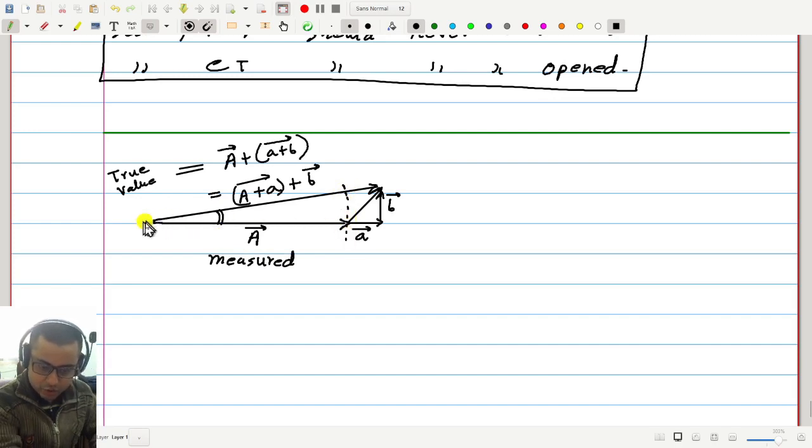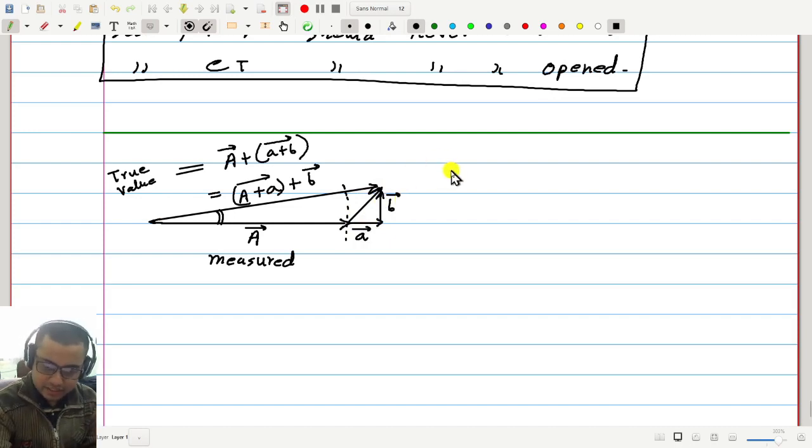This magnitude and this magnitude are different, so we also have a magnitude error. Now we will find out approximately what is the magnitude error and what is the phase angle error, assuming that this error quantity, this difference phasor, is small.